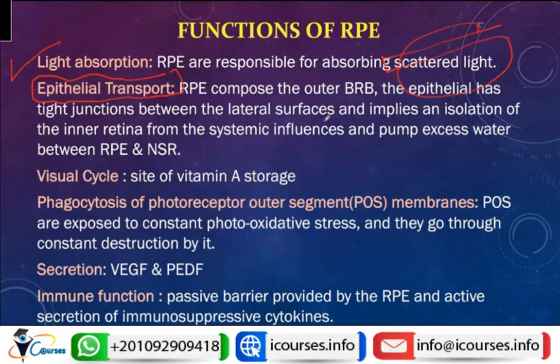This applies not only to microorganisms but also to certain molecules and nutrients, and it controls the exchange of nutrients and water from the circulation to the retina. It also has the function of pumping excess water between the RPE and the neurosensory retina.